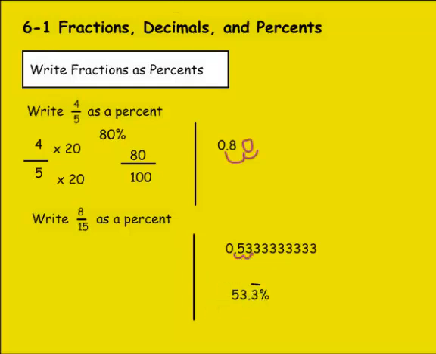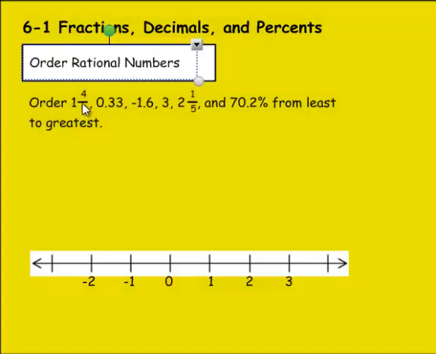That is okay. Now we need to order 1 4/5, 0.33, -1.6, 3, 2 1/5, and 70.2% from least to greatest. So if you notice here, I have a fraction, a decimal, a whole number, and then a percent. This is just going to be a little bit of a mess if you try to use all 3 different types. So what I do is I turn them all into decimals.